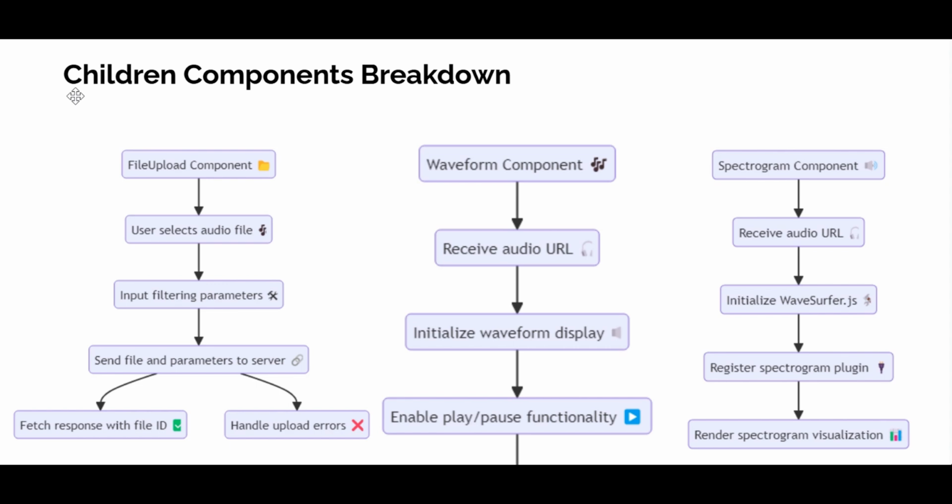And here's a more detailed breakdown of how these components work. In short, the file upload component allows the user to select the audio file, input filtering parameters and send it to the server once the successful message has been received. The waveform component gets the audio file and populates the player. Same thing happens with the spectrogram.